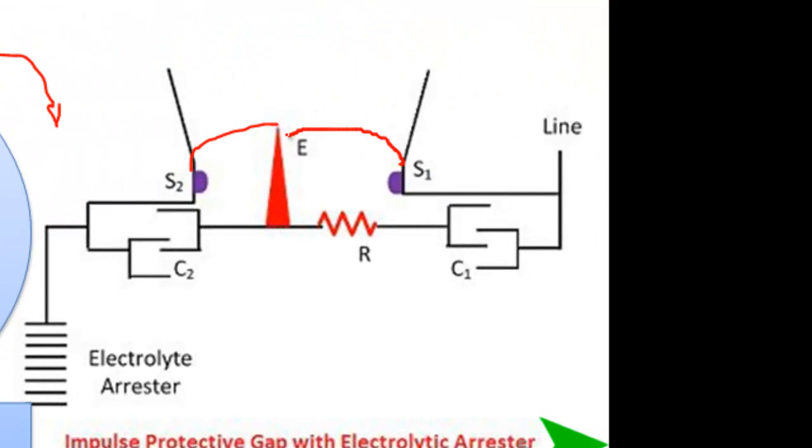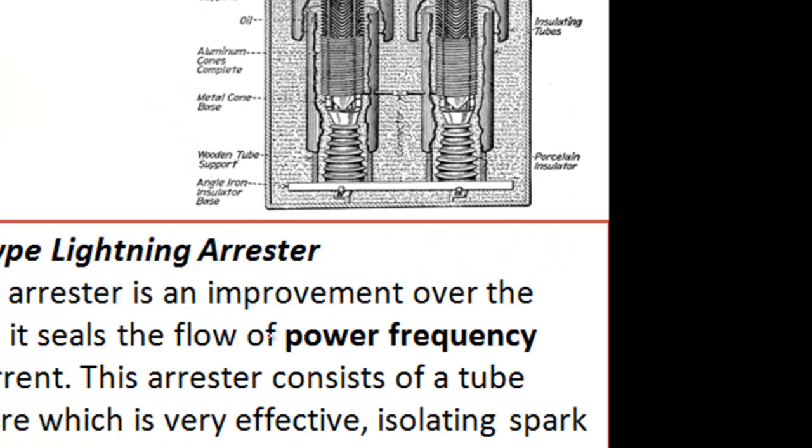When the lightning occurs, the potential gradient at this point increases and this switch opens automatically, S1 and S2 corresponding to the capacitor. Suddenly at a transient point, the capacitance is fully charged and it becomes of very low value. As soon as it is fully charged, it becomes just like an open circuit and operates effectively.